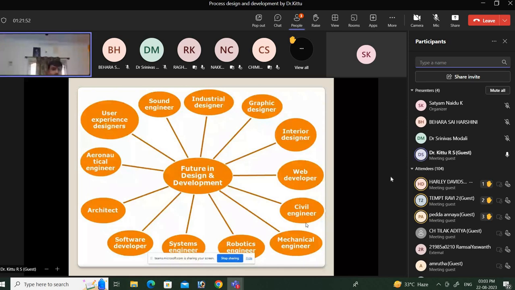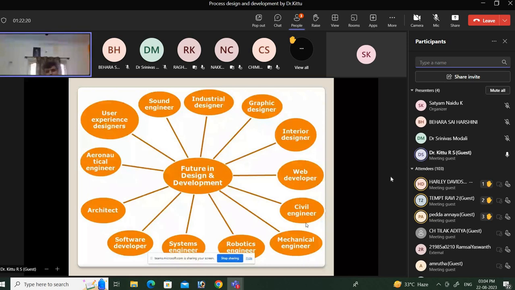They expect more, something different compared to the existing, a different type of interior design. Such things are possible by conducting research and development activities.